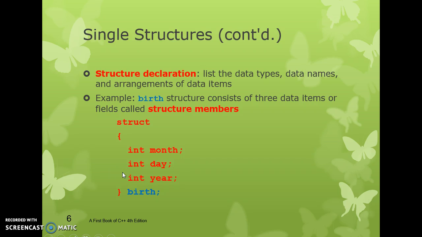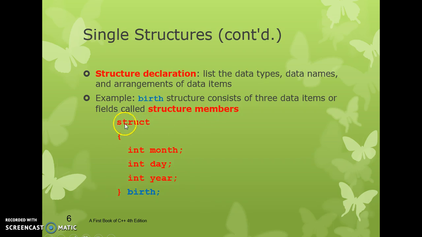To declare, you have some syntax that you have to follow. You have to list the data types, data names, and arrangement of the data items. For example, a birth structure consists of 3 data items, and its fields are called structure members.